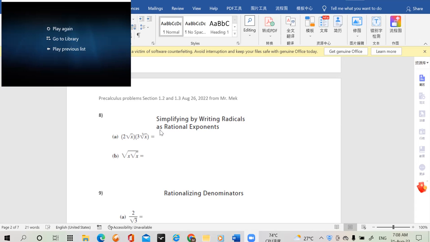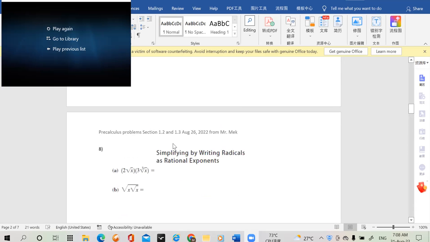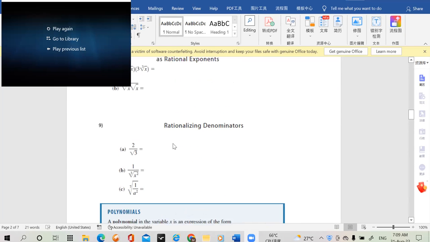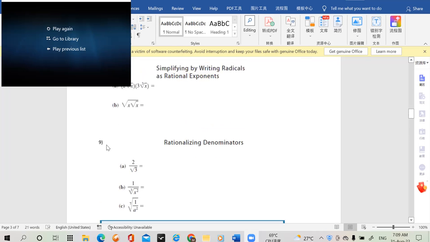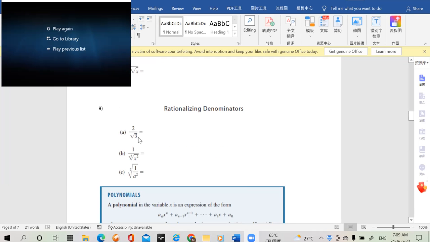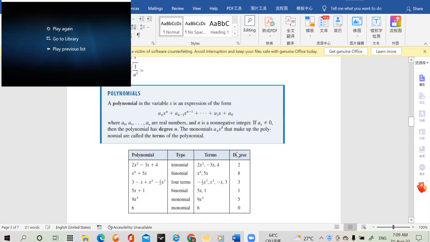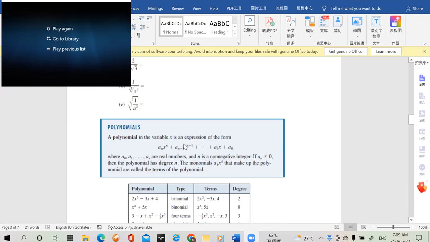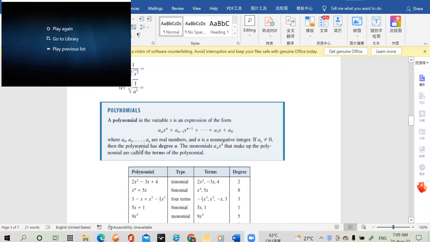This is what you should have had already. And we did go up to number 9, rationalizing denominators. Okay, so please finish up that where you need to get rid of the square root or any root in the denominator of a fraction. Now, once you do that, you may go on with the rest of the problems.